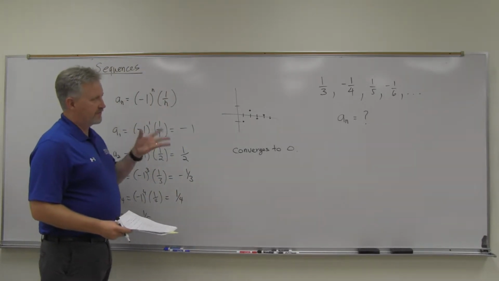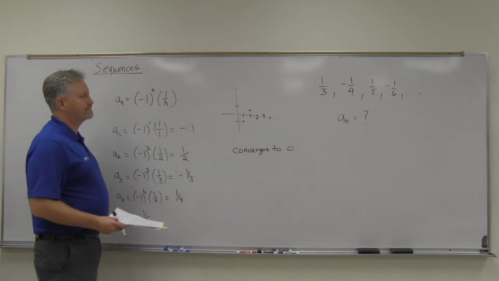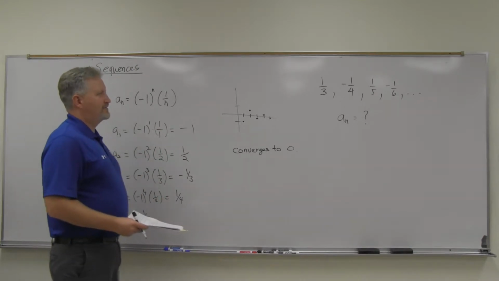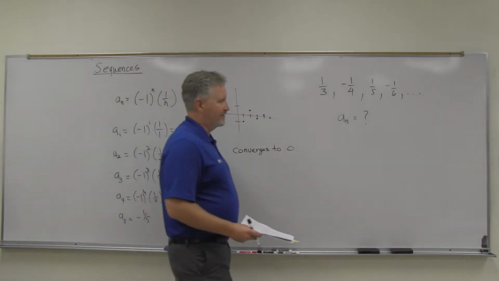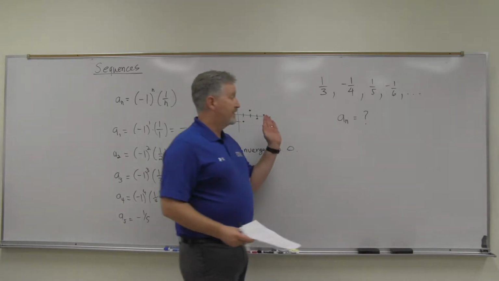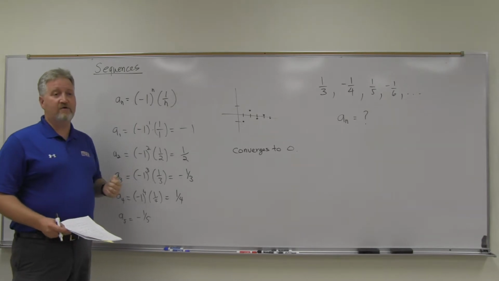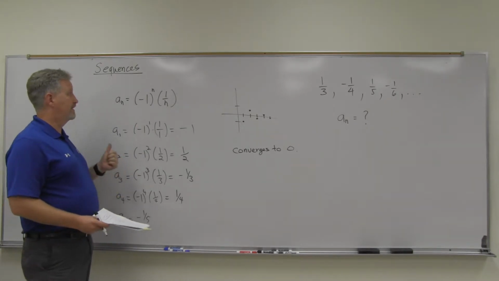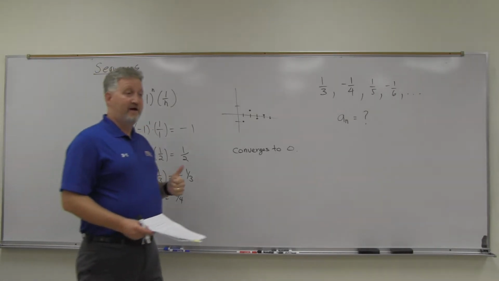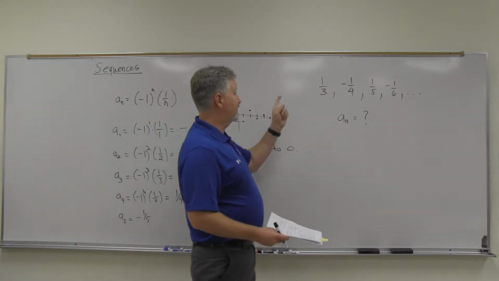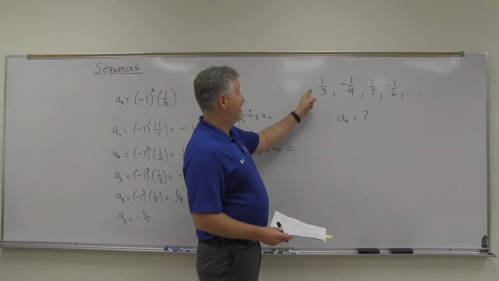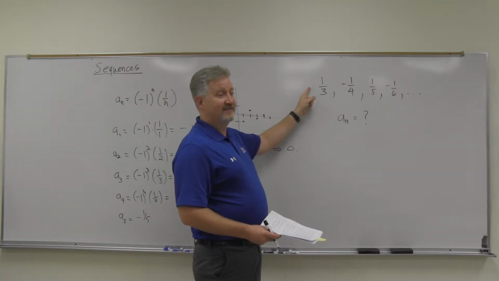There's a couple of matters here that we need to talk about. We do have the alternating signs, and so the -1 to a power comes in handy, but is it -1 to the nth power though? Why would -1 to the nth power work here? The first one starts positive, doesn't it?